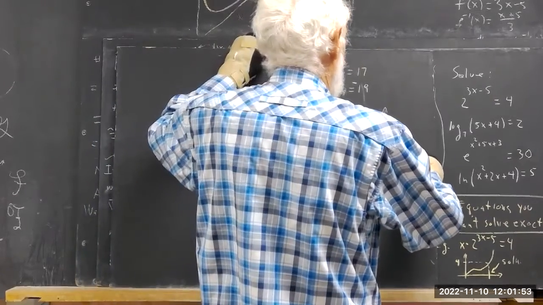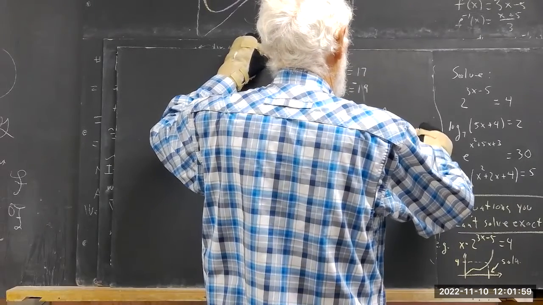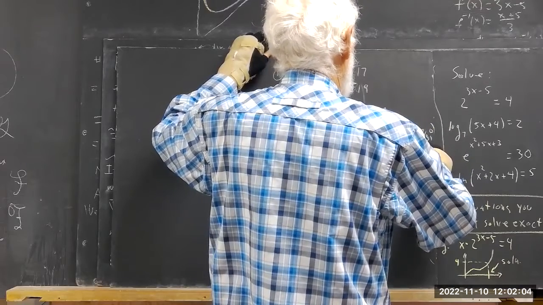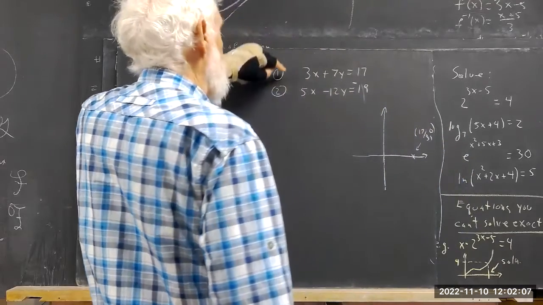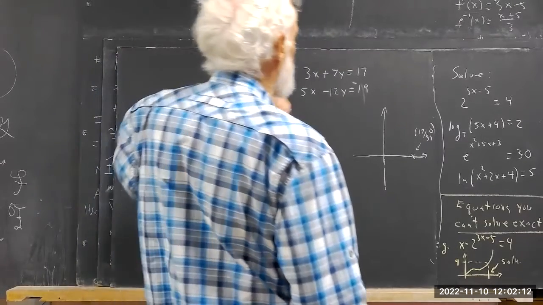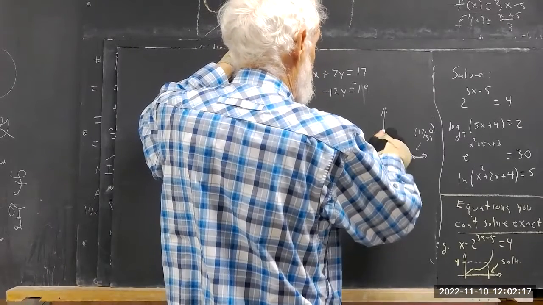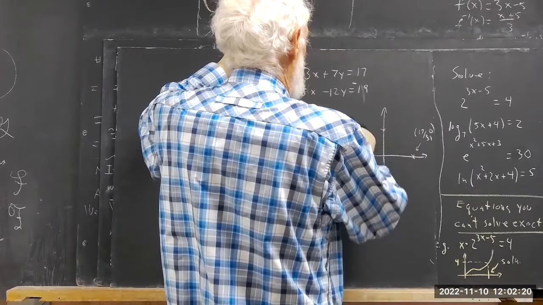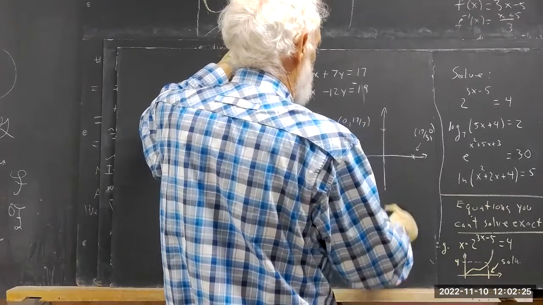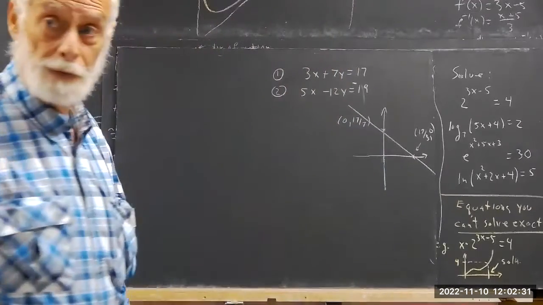So now I have a point (17/3, 0) on the graph. If x is 0, y equals 17/7. So I have the point (0, 17/7). And now I have a graph that more or less goes through those points.